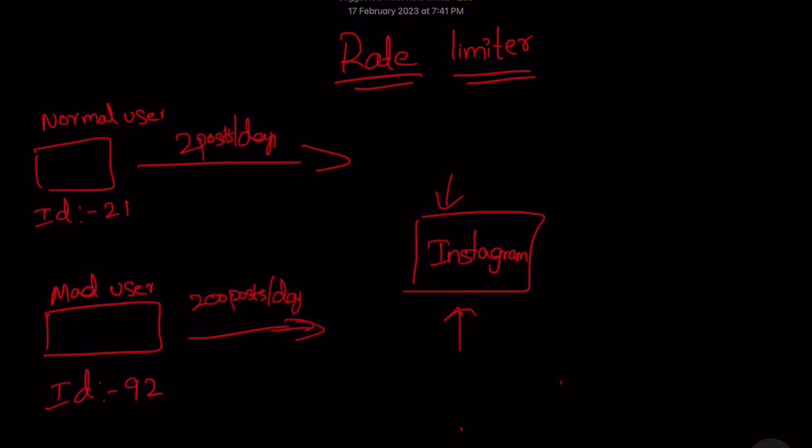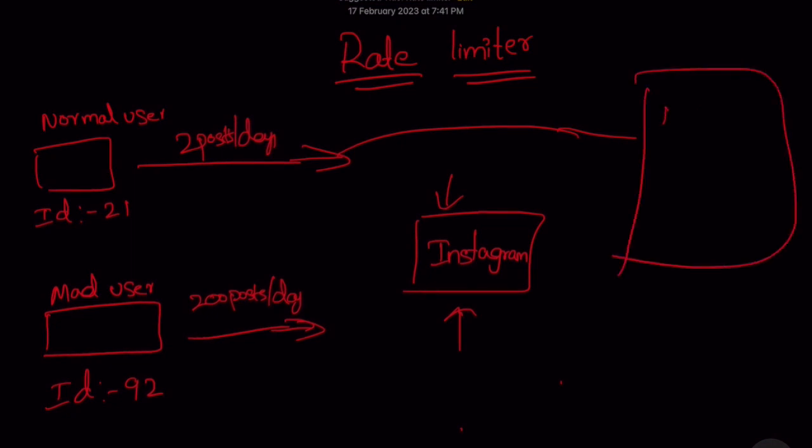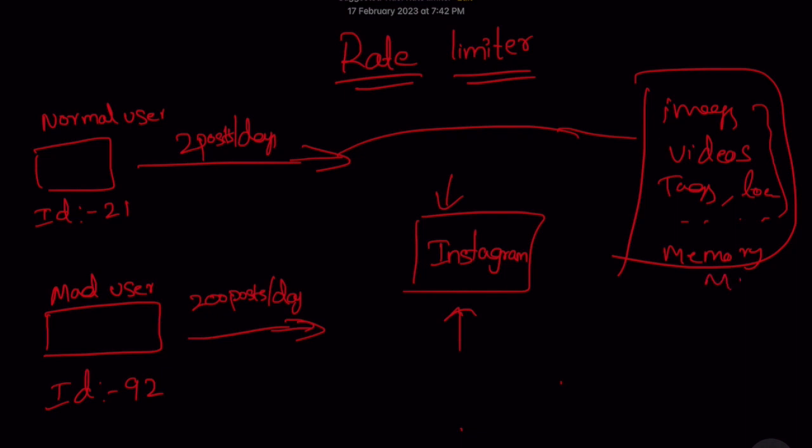Every time a user posts, the post can contain images, videos, tags, location, and many other fields. All of this is memory, some MBs. Let's say the post is worth 2 MB.